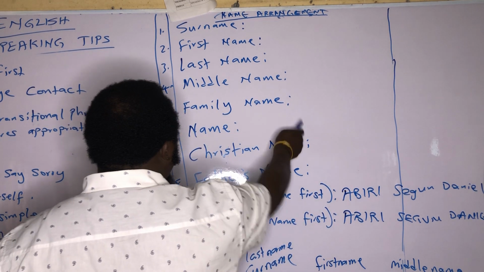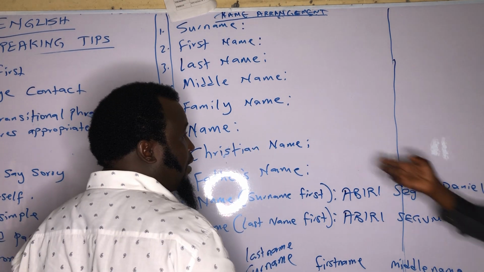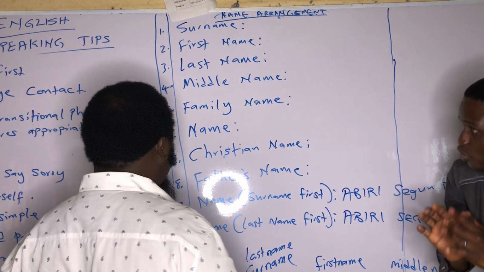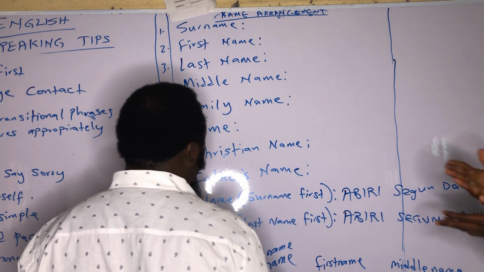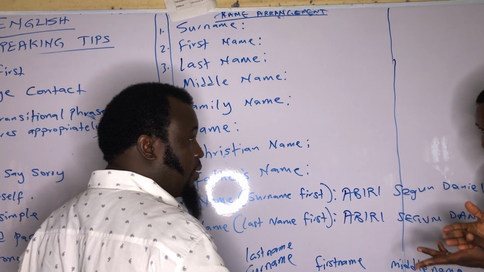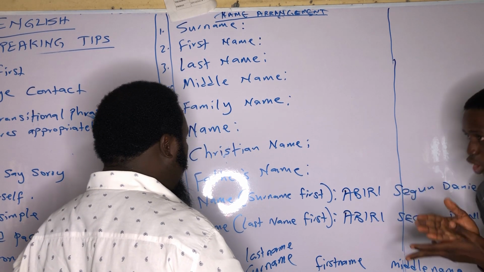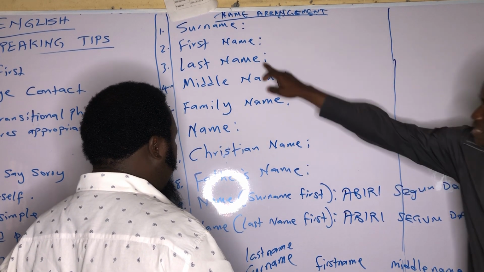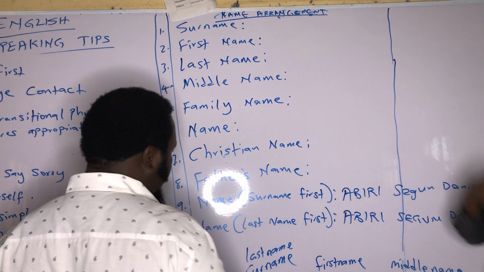Okay, family name. It's your surname. Okay, name. This one you can write your whole name they give you, or write your name and your surname. Okay, Christian name. Is that middle name? Or they call it either Christian name, religious name, Islamic name? Is that the middle one, or second name? This one, father's name, which is your surname.